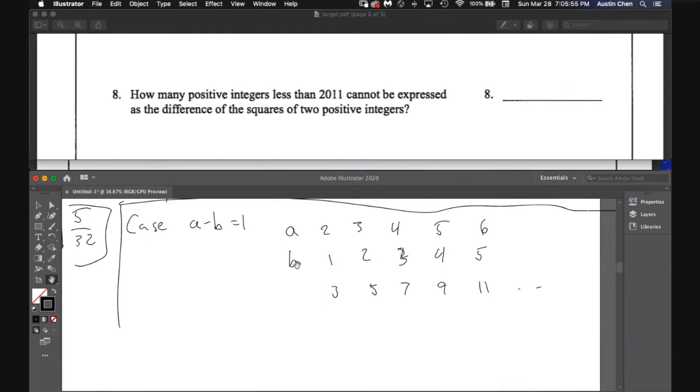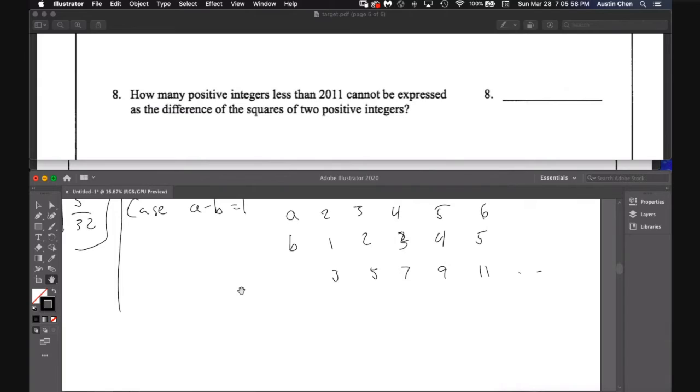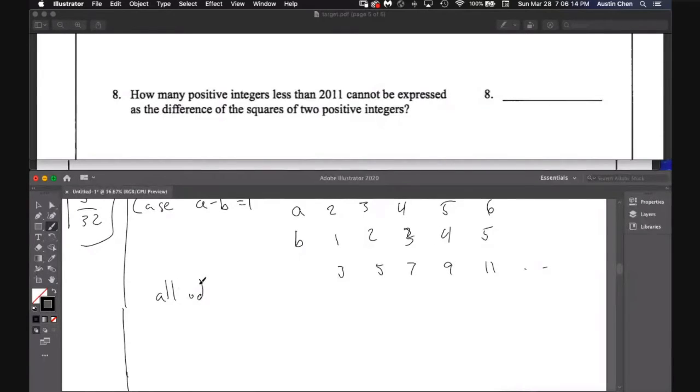So that's a step. We're getting some more information about what's going to be covered by this and what's not. We can see that it's just going to continue on like that forever. So for this case, I'm going to write: all odd numbers are covered.